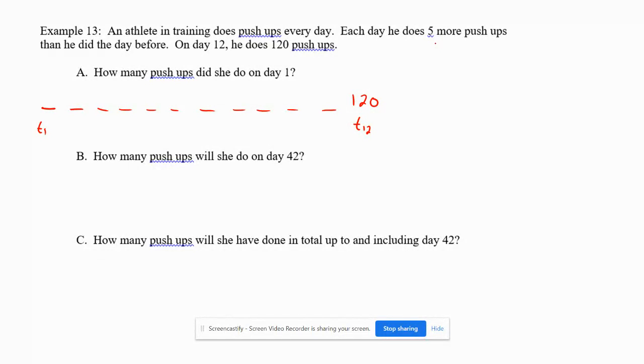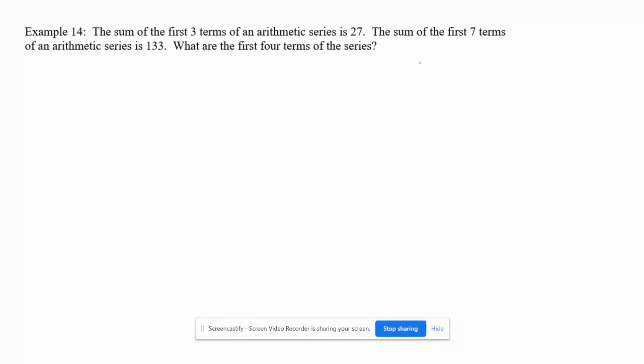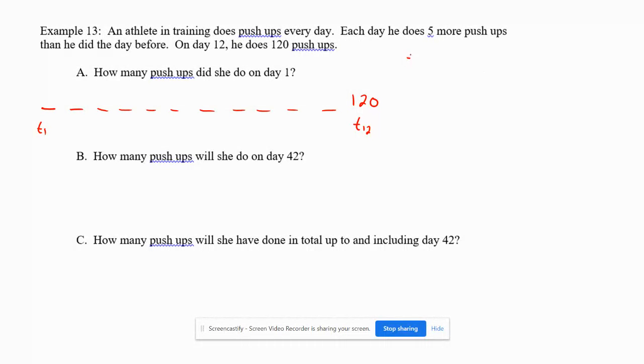Now the idea is he does 5 more push-ups than he did the day before. Okay, so working backwards here, this is going to make an arithmetic sequence question, guys. So we're just listing the terms here. T1 plus n minus 1 d. Okay, so if I'm going to use this last term here, that means that T12 equals T1 plus 12 minus 1.